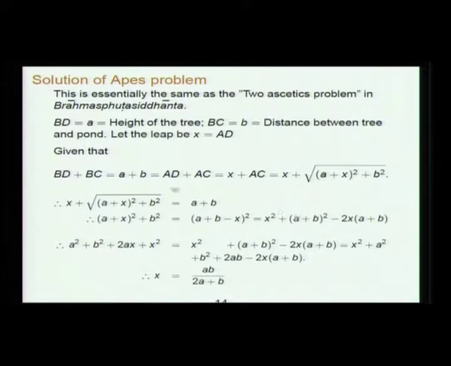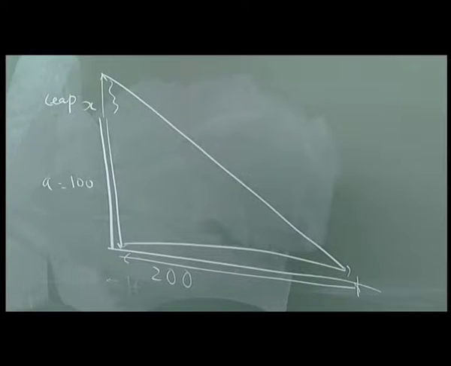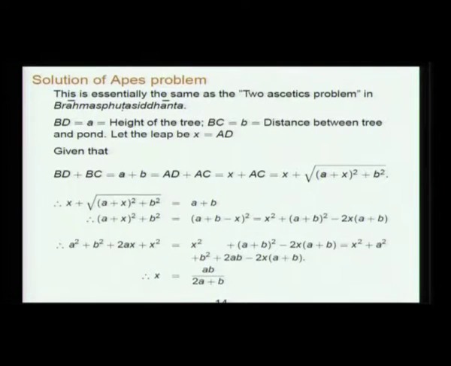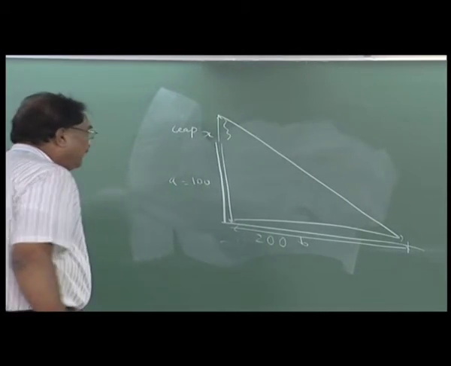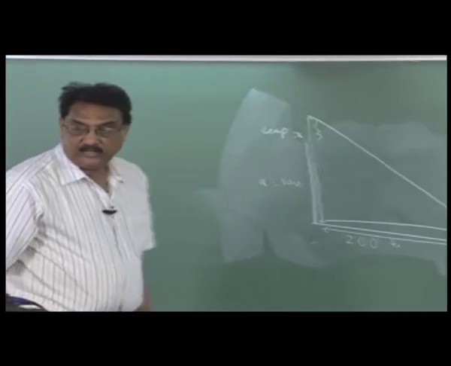So you will get the solution as x = AB by (2A plus B)... where A is the height and B is the distance between the tree and the pond. So this height is the leap, and one can check it is given as 2AB by (A plus B).